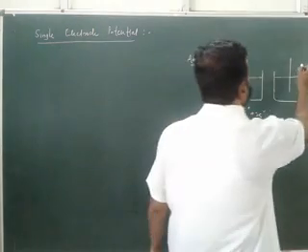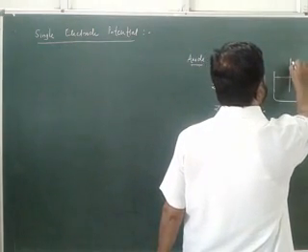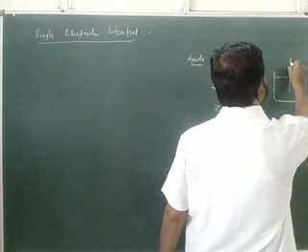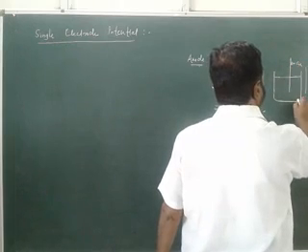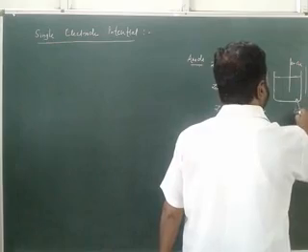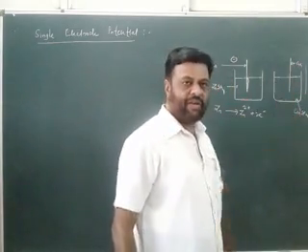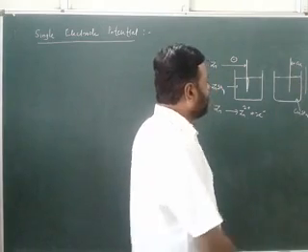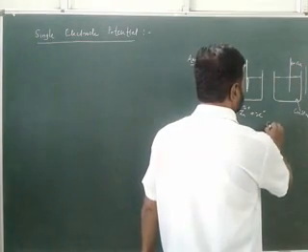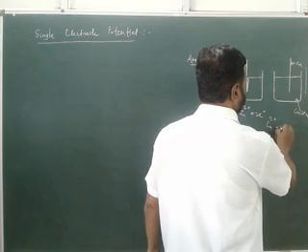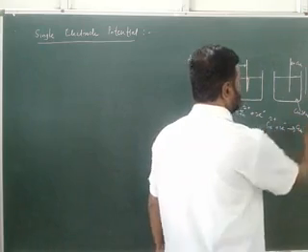The other electrode is the positive electrode, which consists of a copper rod dipped in copper sulfate solution. Immediately this reaction takes place: Cu2+ plus 2e- gives rise to Cu.